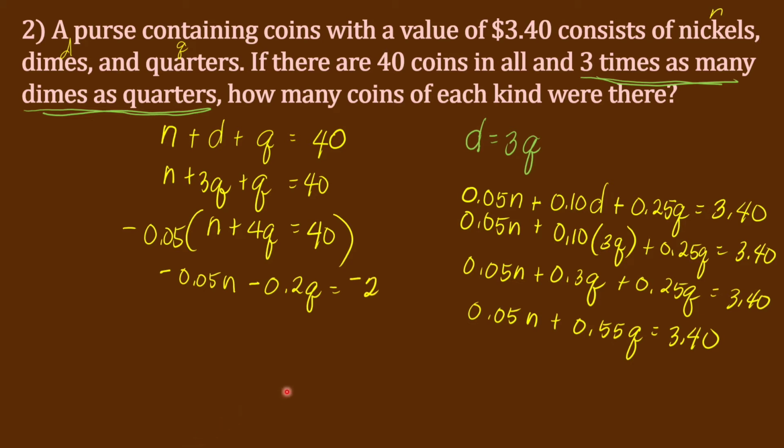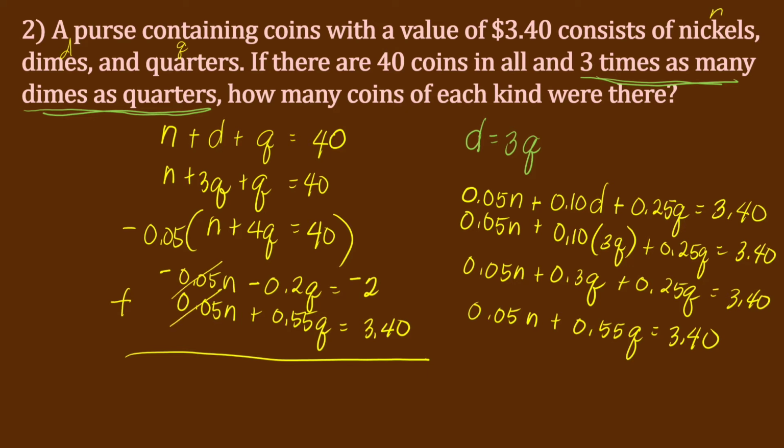Now, let us write this equation beneath this one so that we can see that the variable N will be cancelled. So 0.05N plus 0.55Q equals 3.40. So adding these two equations, we have here cancelled N and then 0.35Q.